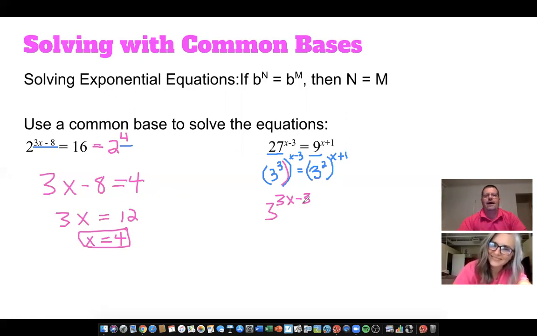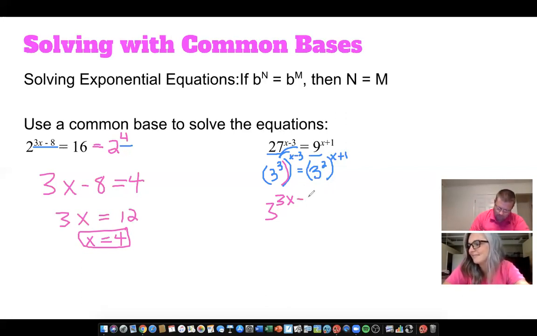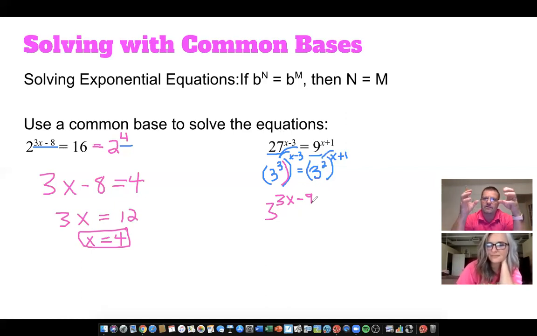Do you think somebody out there might have thought it was 3x minus 3? I have to multiply the exponents, and the entire exponent is x minus 3. I really did do that on purpose.